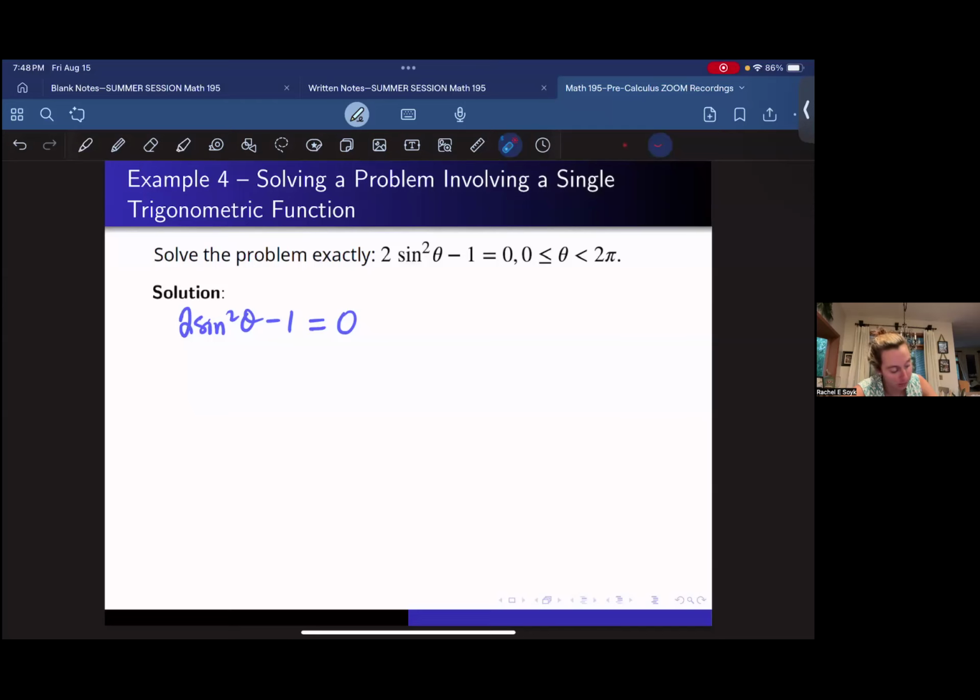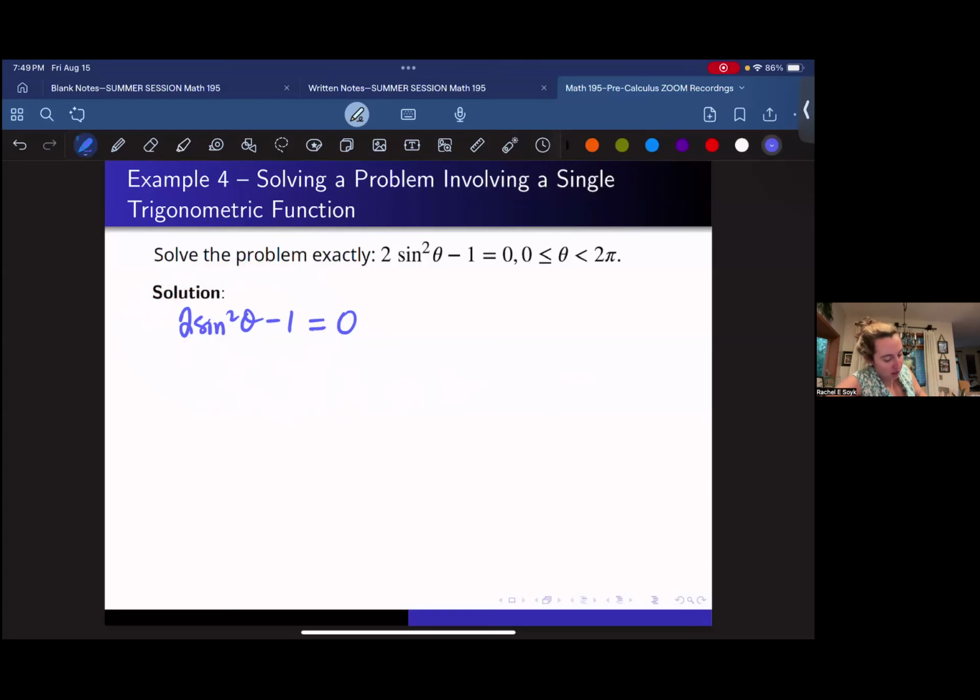No, it's close. If it was 1 minus 2 sine squared theta, then it would be our double angle of cosine. We don't need that for this problem though.